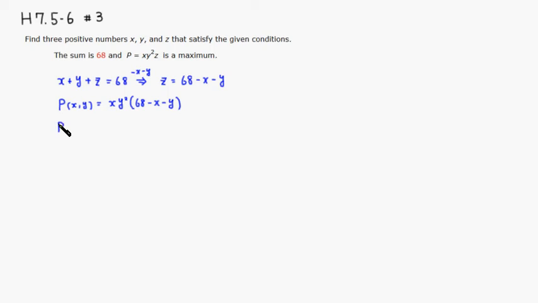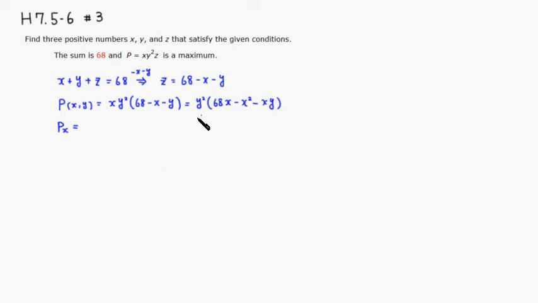So the partial of P with respect to x would be, I'm going to rewrite it. y squared is going to be considered a constant, so I'm going to just put the y squared right in front. Then I'm going to distribute x to each term. So you're going to have 68x minus x squared minus xy.